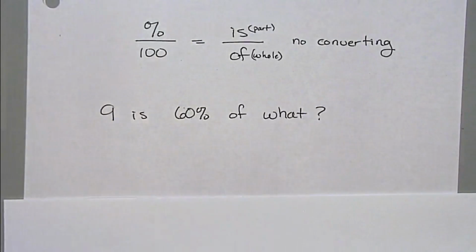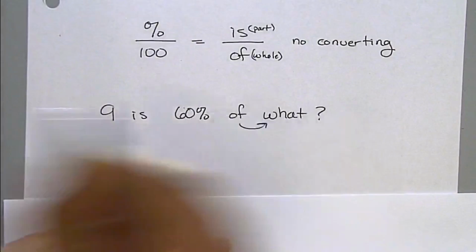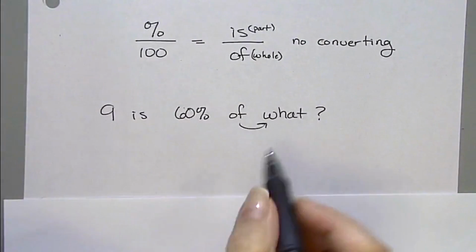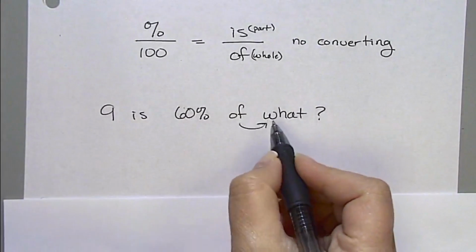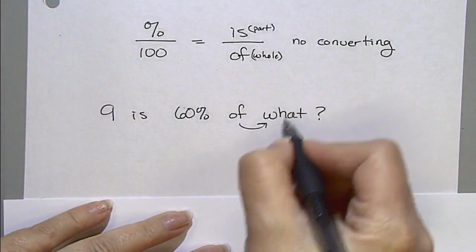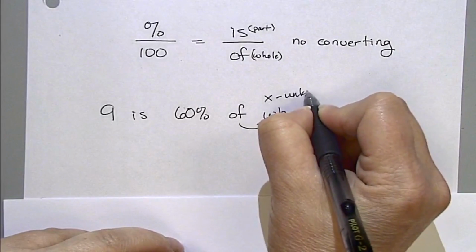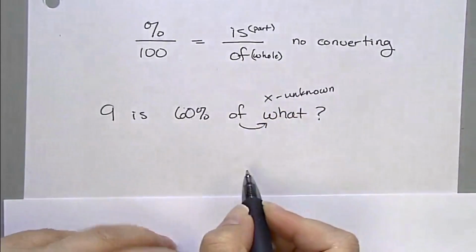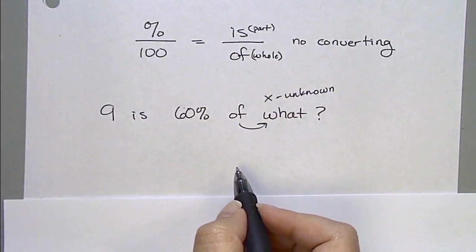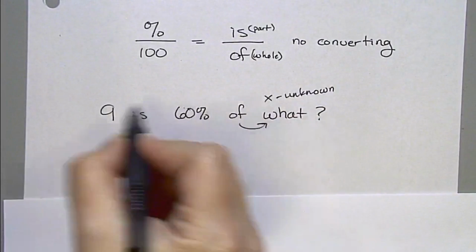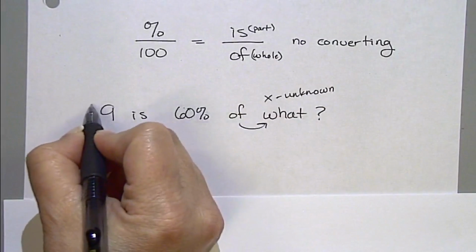Again, I first look at the of and notice that right after the word of is the unknown. I would probably just use an X for that. That's my unknown. And because this is my of, then this has to be the is.